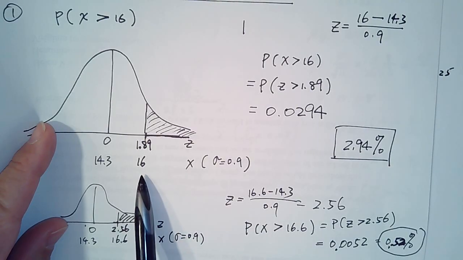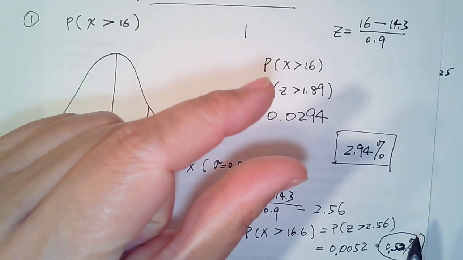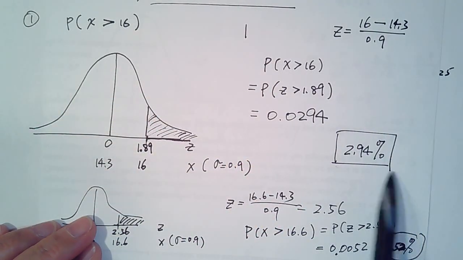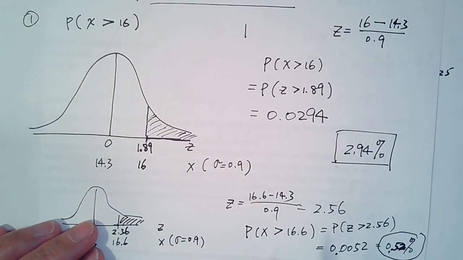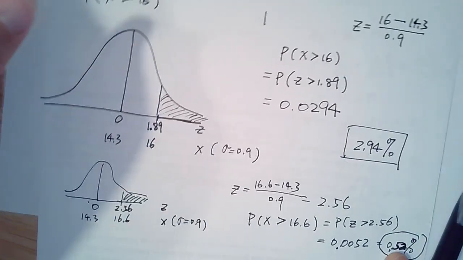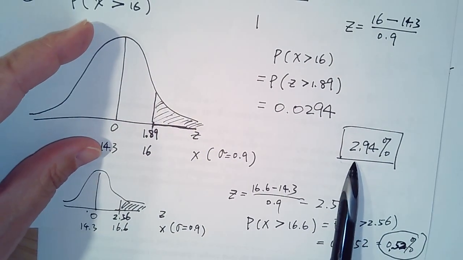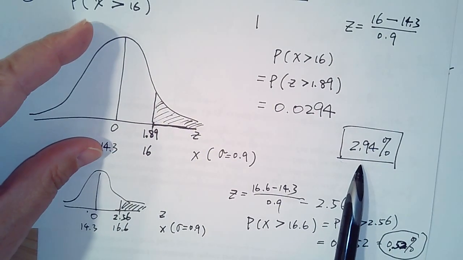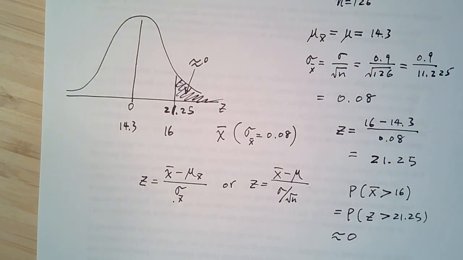You reduce from 16.6 to 16, only by this little, and look how many people you have to take care of. It's quickly more than about 2.5% of the people who are going to come to you. So that's not what you want.